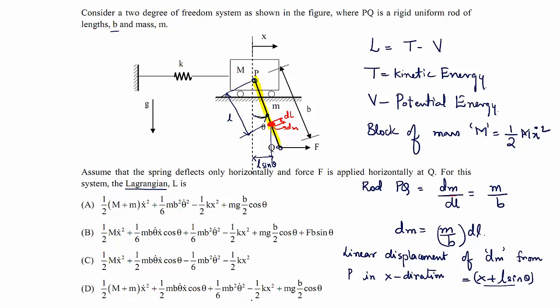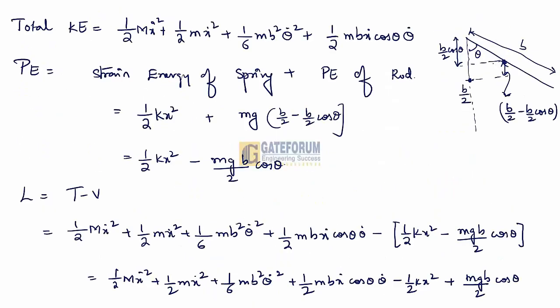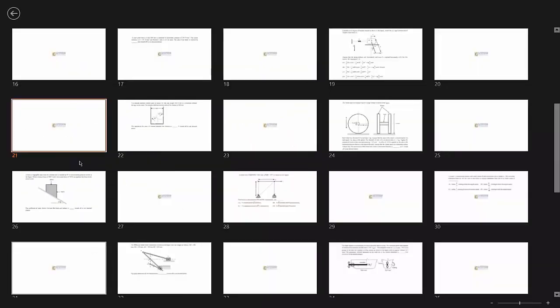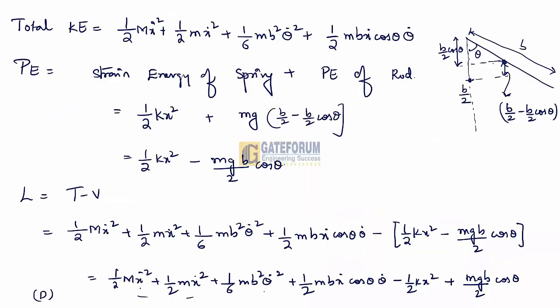So there are in total 6 terms here. In our equations also we have 6 terms, so they have taken it in common. So option D is the answer. This is the end of the question.